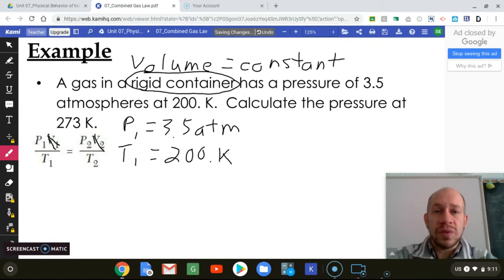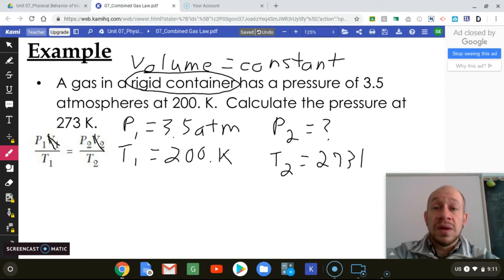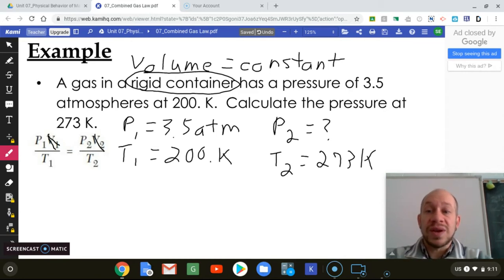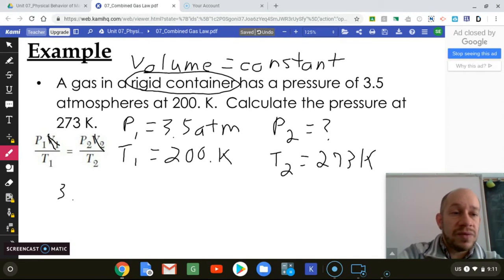They want to know the pressure at a different temperature, so that's going to be my unknown, my second pressure. And then my second temperature is 273 Kelvin. Because both of my temperatures are in Kelvin, I don't have to convert anything. I'm in the place I want to be. So then all I have to do is plug everything into my formula. So I'll have 3.5 atmospheres over 200 Kelvin.